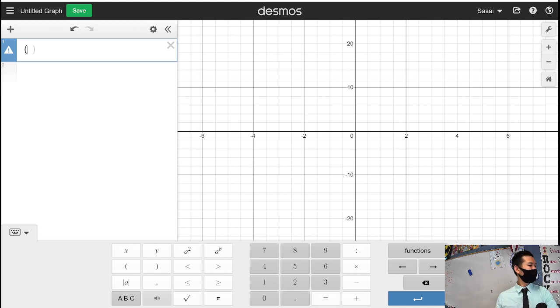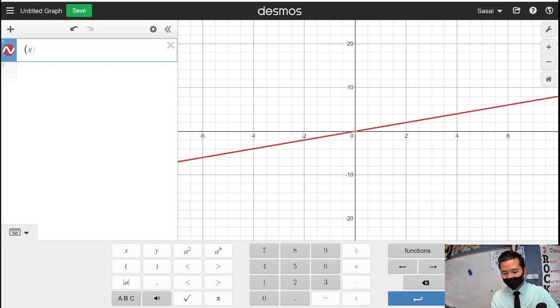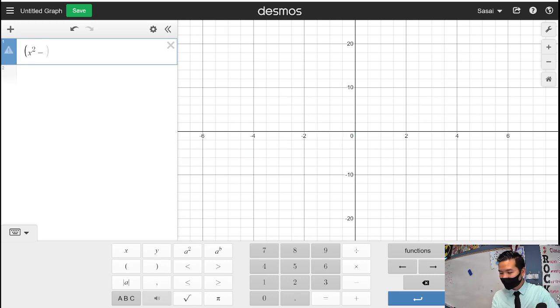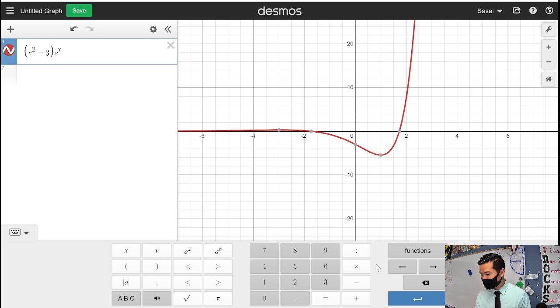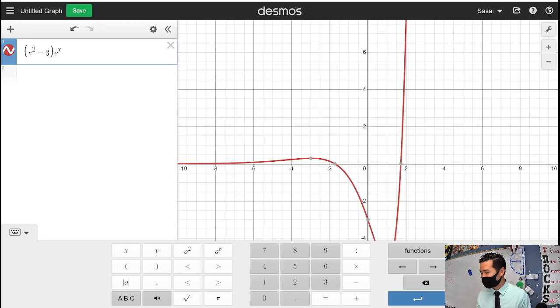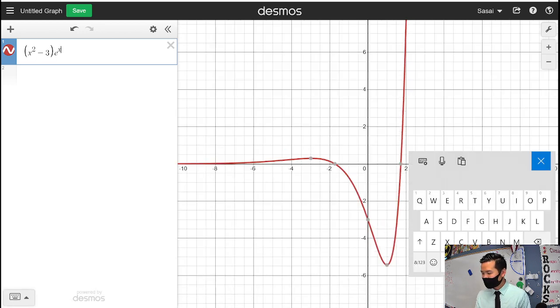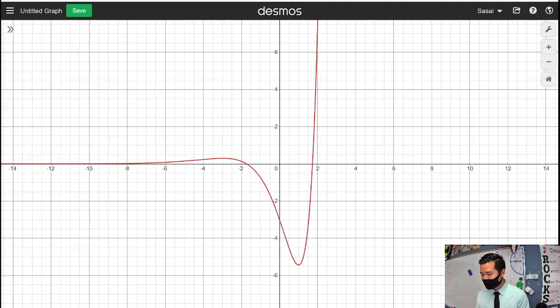Do you want the original? Yeah, the original function, f of x is equal to x squared minus 3 times e to the x. There we go. Let's get a better view of this graph. Beautiful. How's it look?